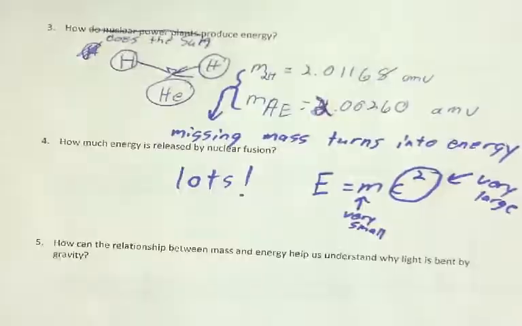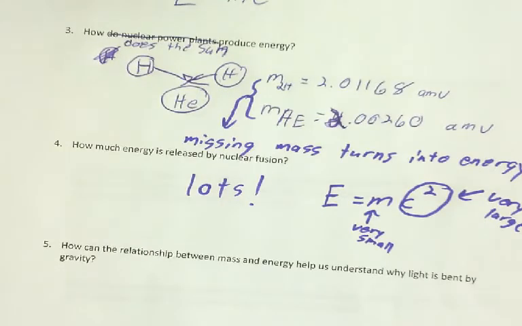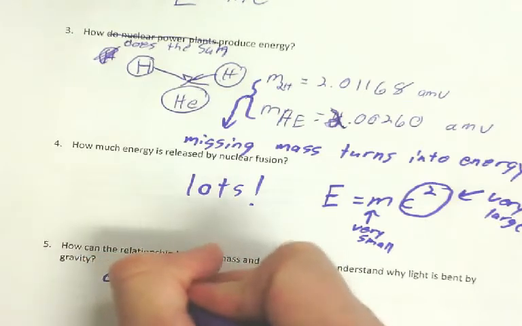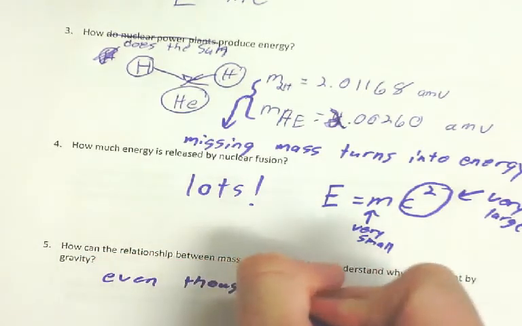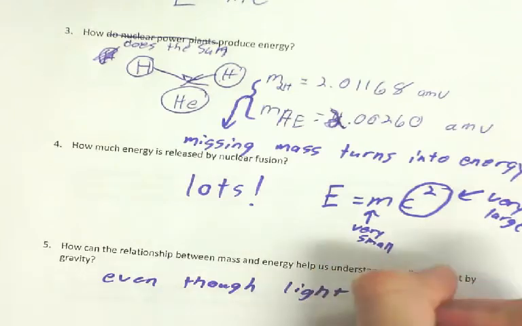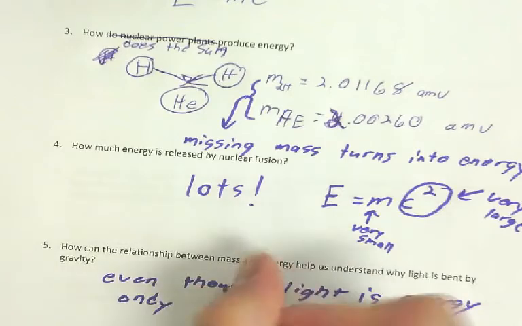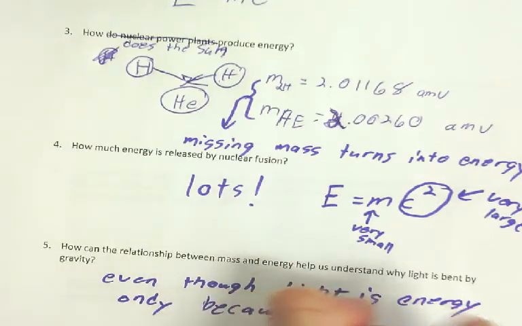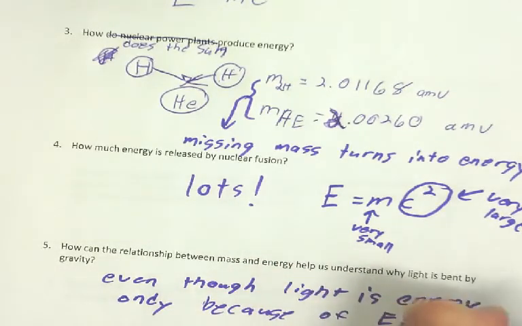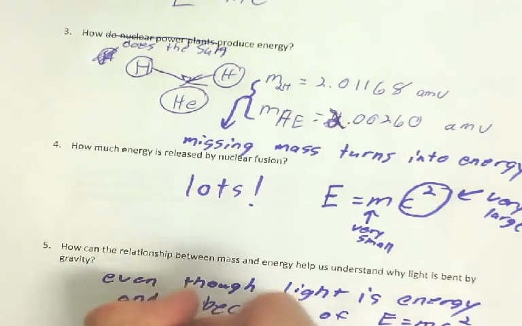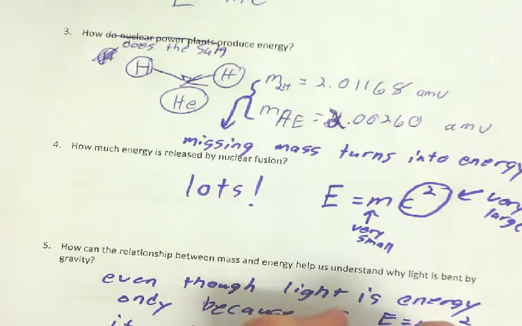So, number 5. There's another way to explain why light is bent by mass. The example we used is light follows space-time, and space-time is warped. Here's the other explanation that I'm also fine with. Even though light is energy only, because of E equals mc squared, it acts like it has mass.